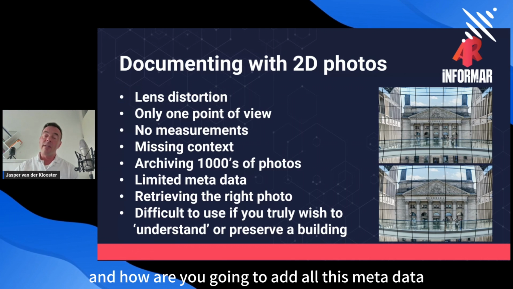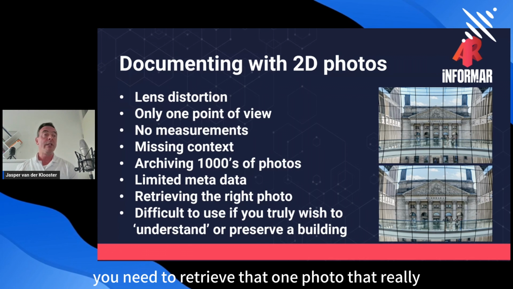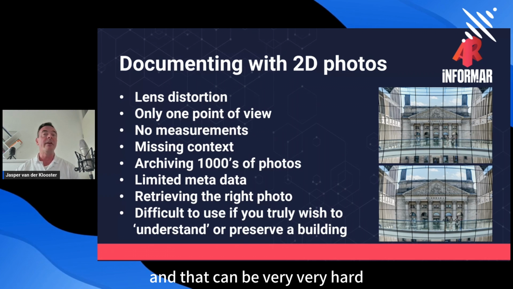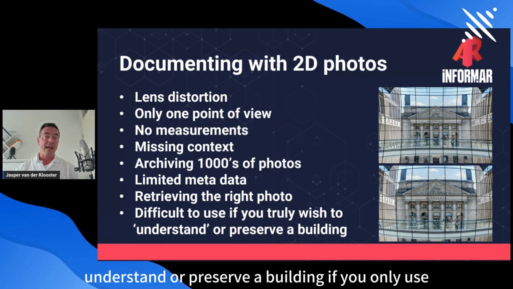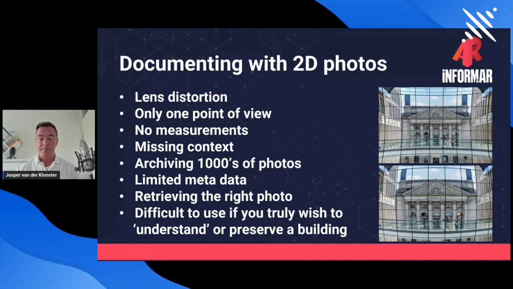And how are you going to add all this metadata to those photos? And then after a while, you need to retrieve that one photo that really captures what you want to say. And that can be very, very hard. So it's difficult to understand or preserve a building if you only use 2D photos and a text report to go with it.